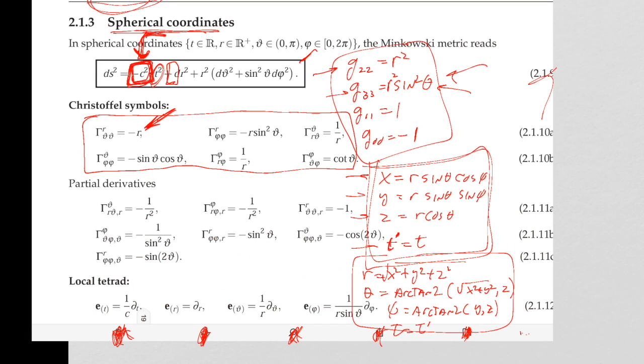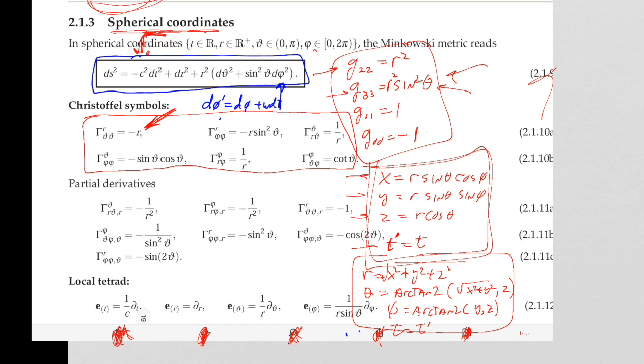That means we're starting with this metric right here, and we're making a coordinate change by changing this coordinate according to d phi prime equals d phi plus omega dt.